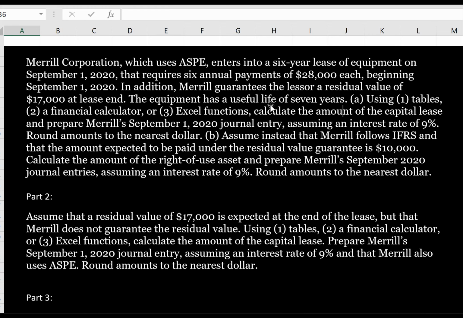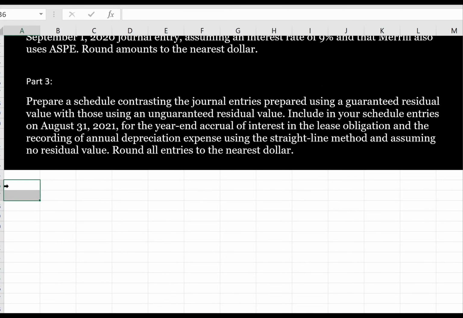So what we're being asked to do is to calculate the present value of the lease payments. So let's start this down here. Part one is calculate the present value of the minimum lease payments. Okay, so let's see what inputs we have here.